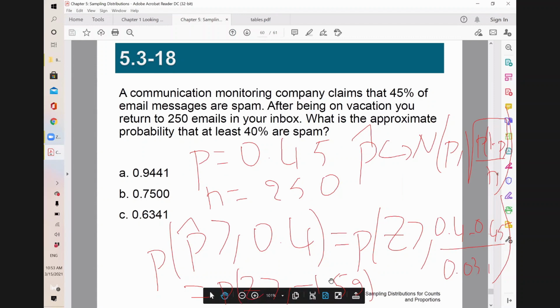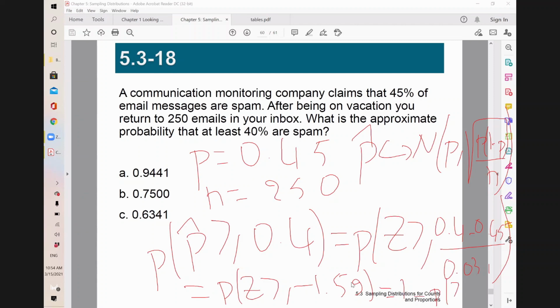Probability of Z more than minus 1.59 has this property: it equals 1 minus the probability of Z less than minus 1.59. Okay, and this one obviously we can evaluate thanks to the table.